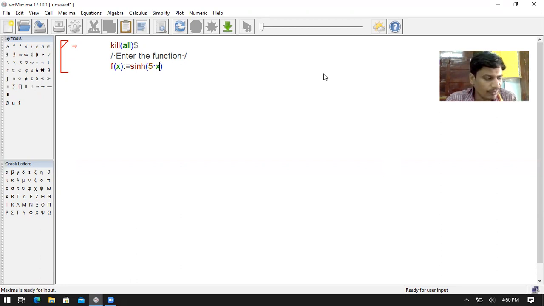Then the square: sine hyperbolic of 5x, whole square, with a gap of 2. Then the dollar symbol, and press shift enter. Then n equal to 3 is given here, meaning differentiate 3 times. n is equal to 3.